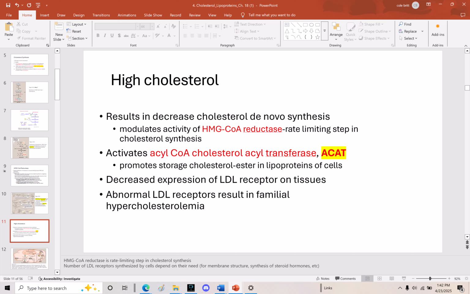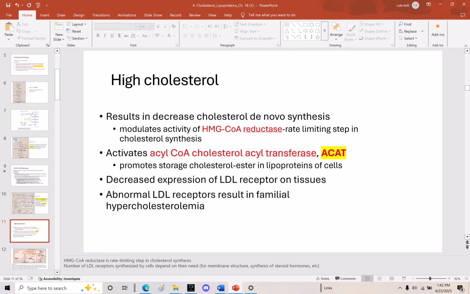If you have abnormal LDL receptors, it can result in this long name, familial hypercholesterolemia, which essentially means you have high levels of cholesterol, and it's genetic. Some of us do have high levels of cholesterol, and we have to be even more careful with our human machines because you have a predisposition to accumulate more.